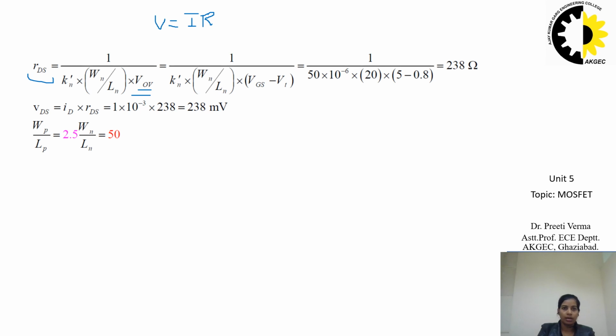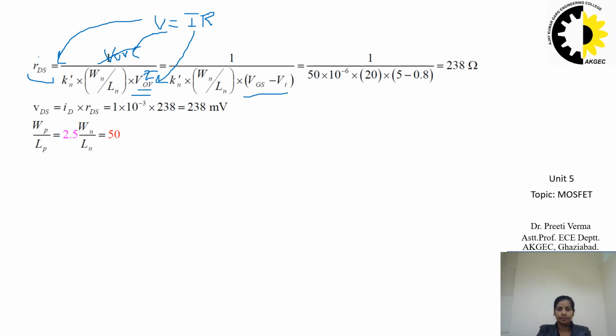In the denominator we have VOV squared, and in the numerator we have VOV, that is the overdrive voltage. So RDS comes from here, R is V by I, and VOV and this one cancel out. So we get 1 upon Kn dash W by L (VGS minus VT).